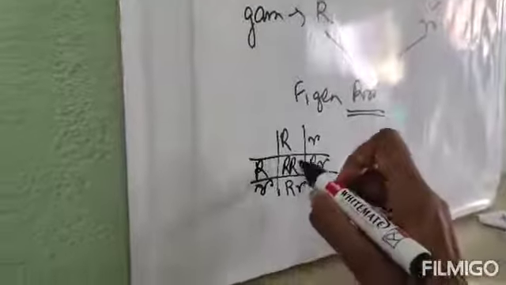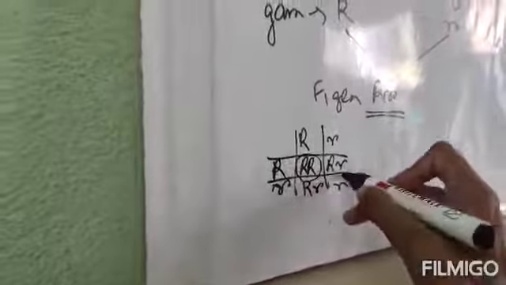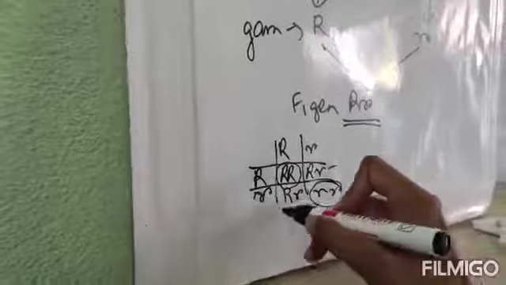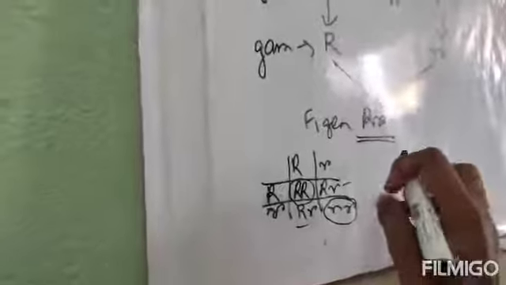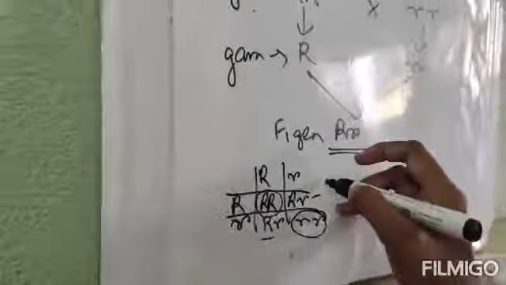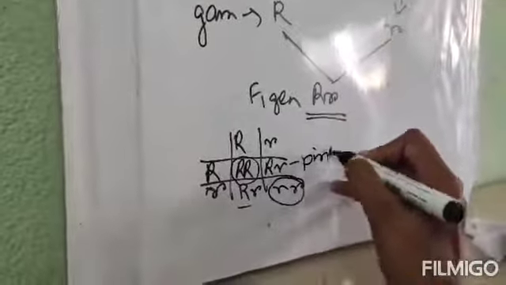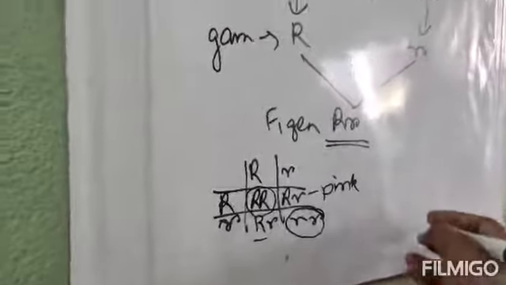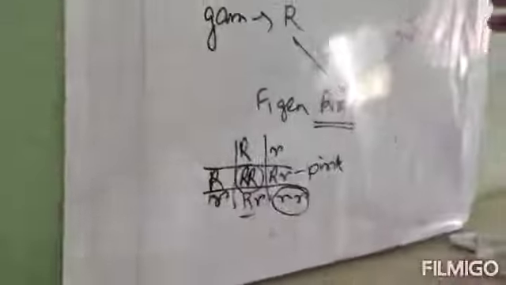So we are getting over here one pure red flower, one pure white flower. These two should be hybrid red, but the color changes to pink over here. So mixing of the dominant and recessive character is being expressed.